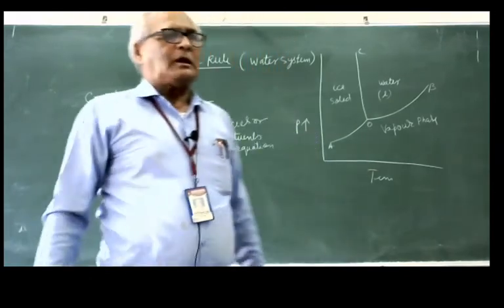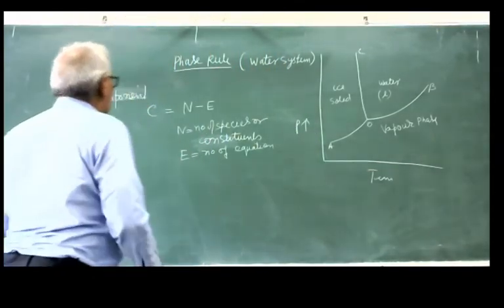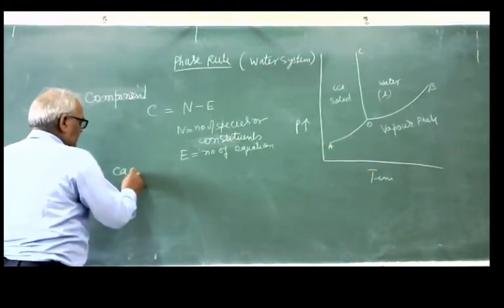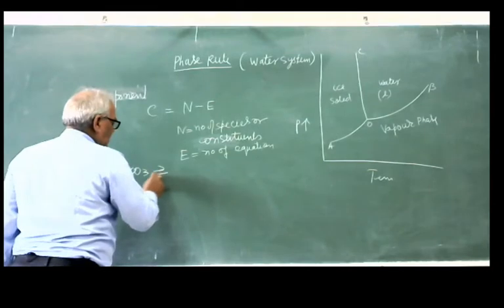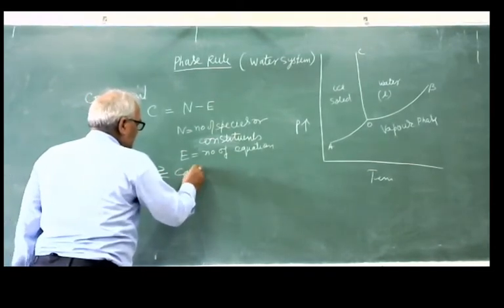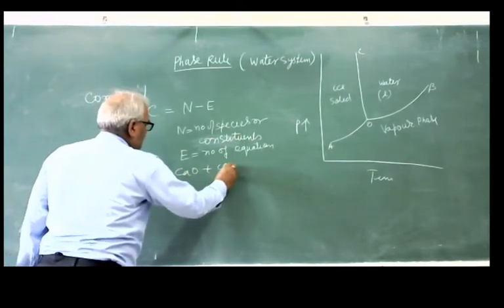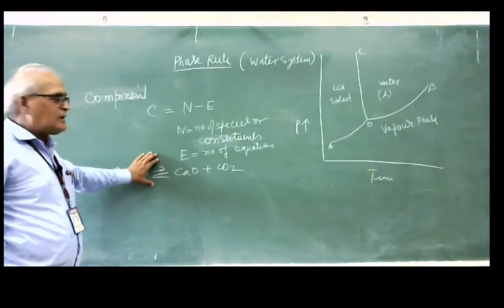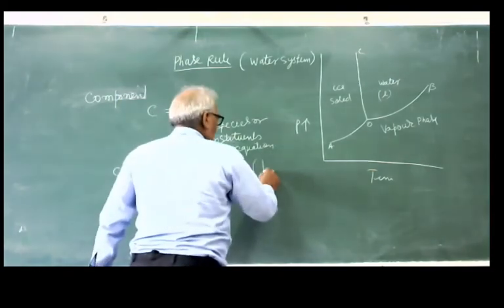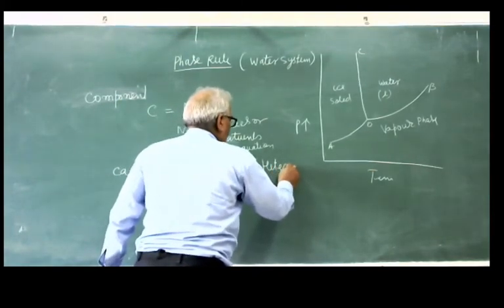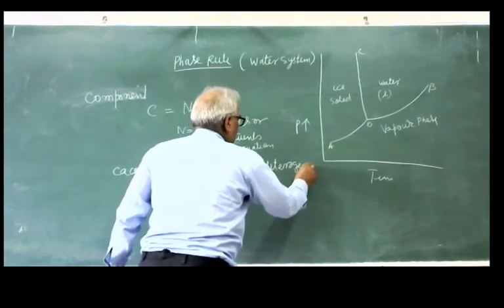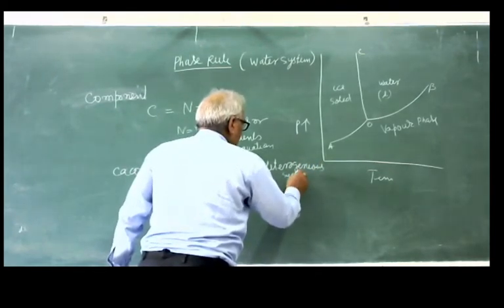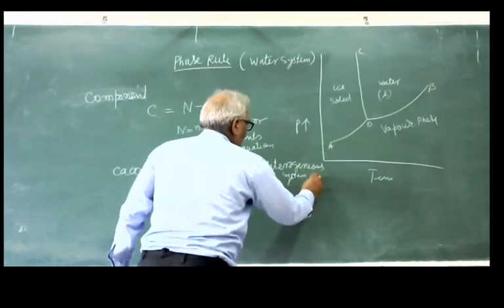Just see, if you have to calculate the number of components for this equilibrium, calcium carbonate gives calcium oxide plus carbon dioxide. This is a heterogeneous system in equilibrium.